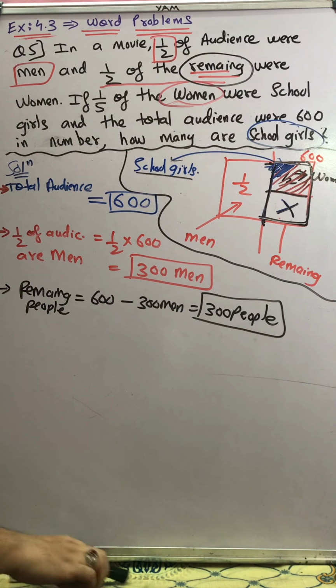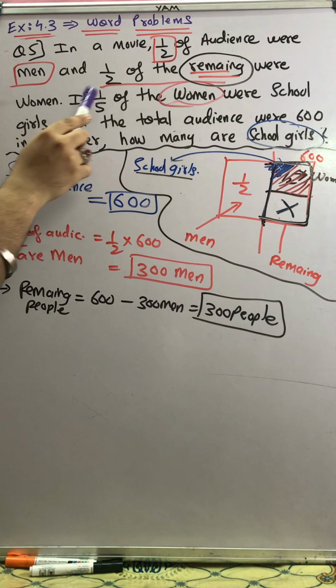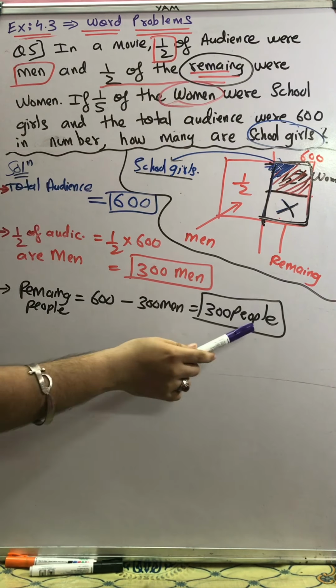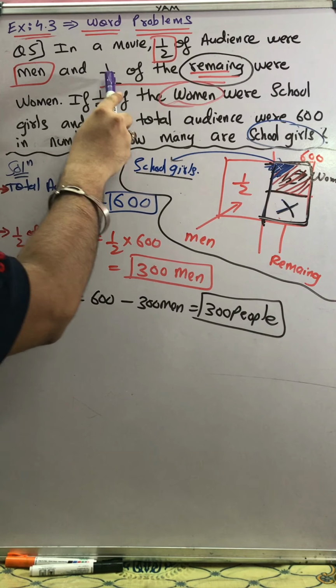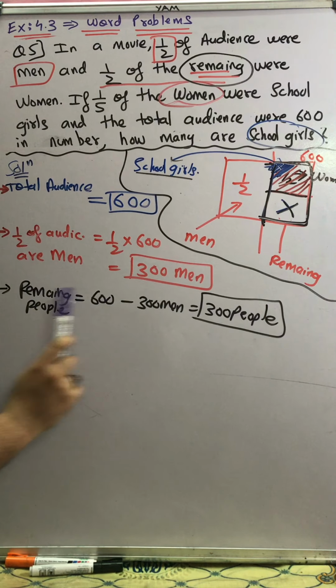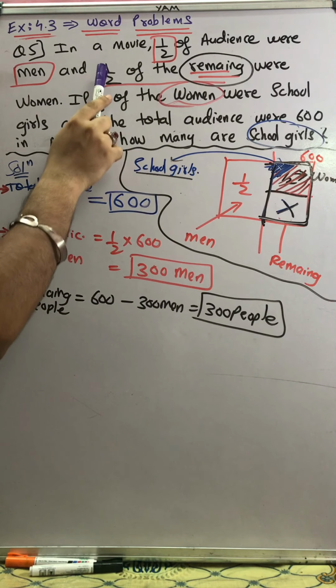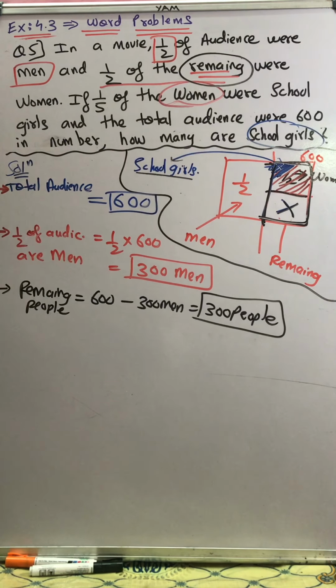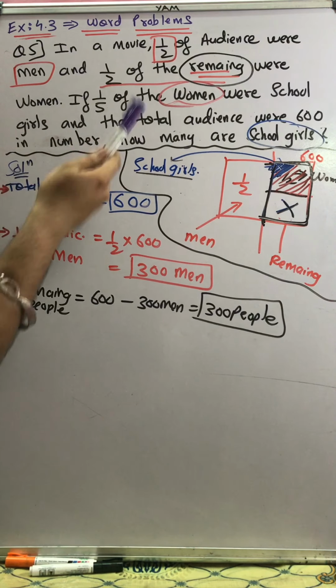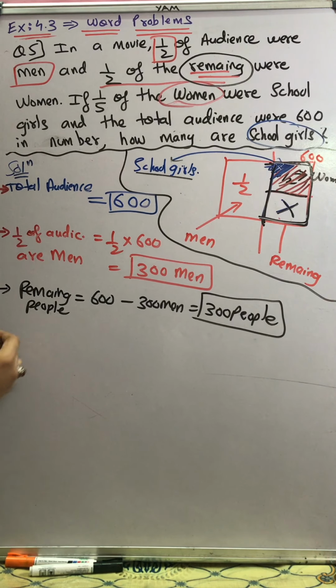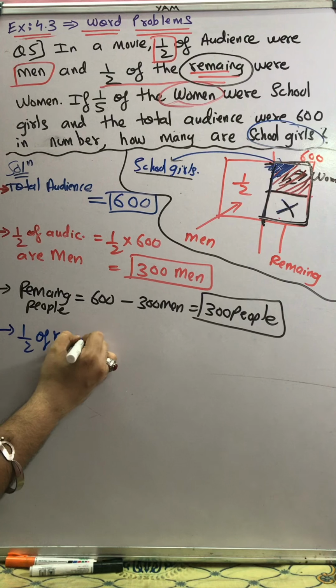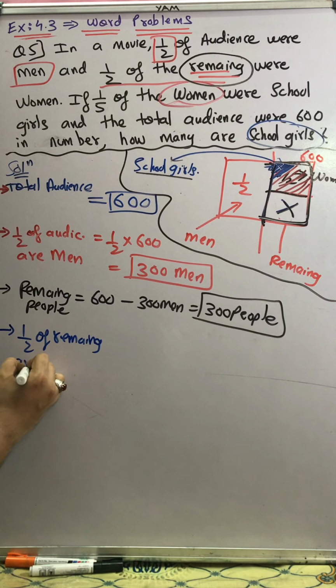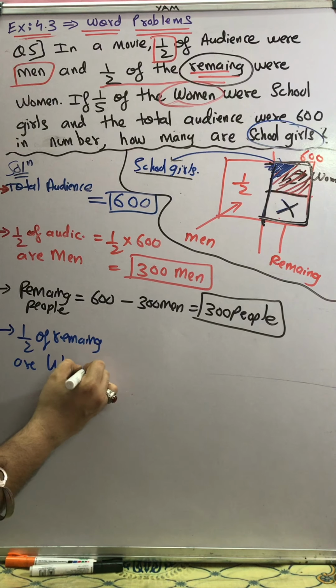Okay. Next, we are moving in sequence. We got the value of remaining. Remaining people are 300. Half of the remaining were women. So we need to find how many women are there. Half of remaining are women.